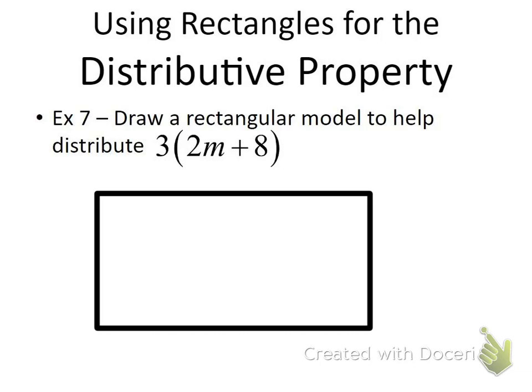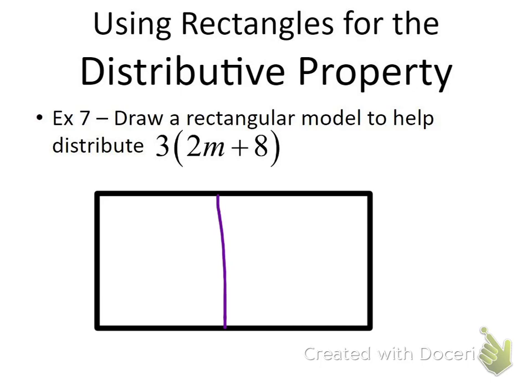No, I'm going to leave it alone because I want one height. But if I want two lengths, what kind of line am I going to put in my rectangle? Am I going to put a vertical line in or a horizontal line in? A vertical line in. So that vertical line is going to separate my rectangle so that it has two lengths.